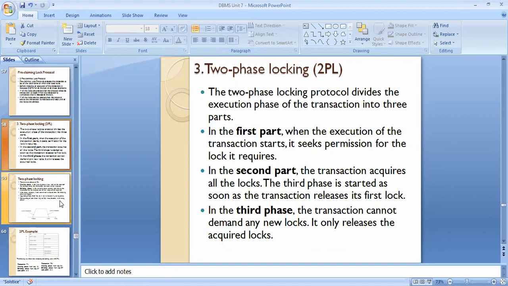Then in the second part, we are performing the operations, whatever we want to do. And in the third phase, whatever locks we applied, we are just releasing them. But in the third phase, we are not applying new locks. There is just a releasing of the locks. These are the three phases.